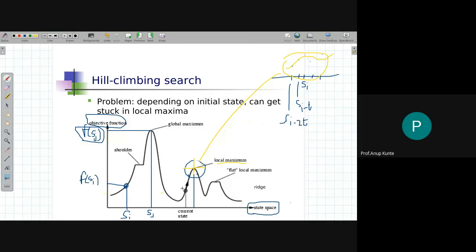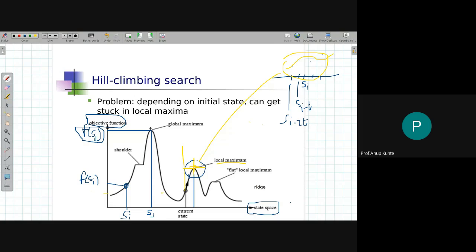So consider what scenario I'm telling you. Say suppose this is the initial state, then my objective function value will guide my hill climbing algorithm to reach this point, and as I reach this point, now there is no state left or no way to go better than this particular state in the neighborhood states.